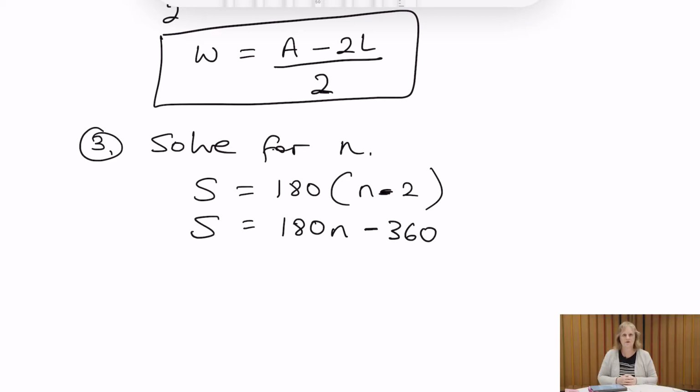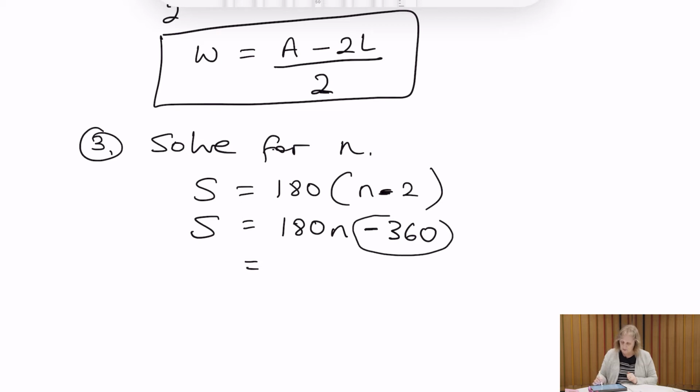And we've got capital S on the left-hand side. We want to isolate for n. We know that n is being multiplied by 180, and negative 360 is happening there on the right-hand side.